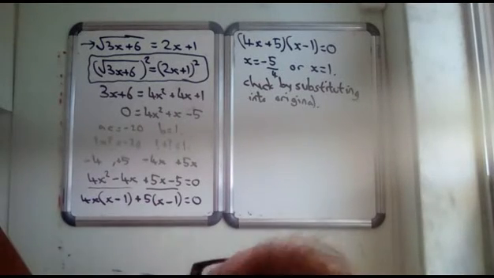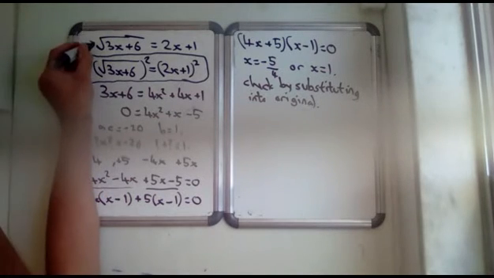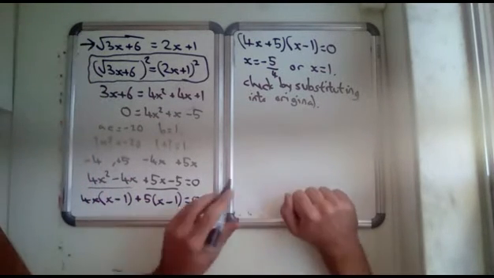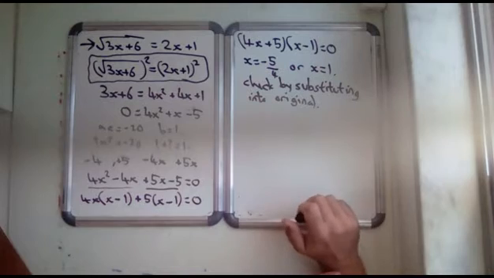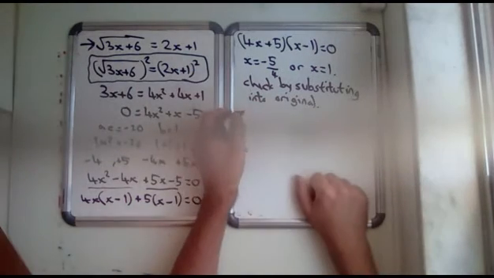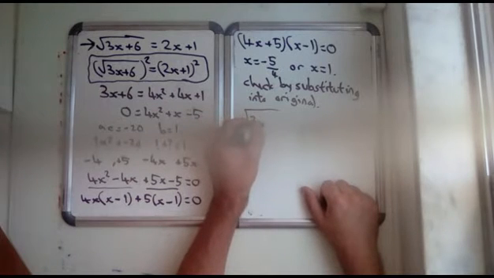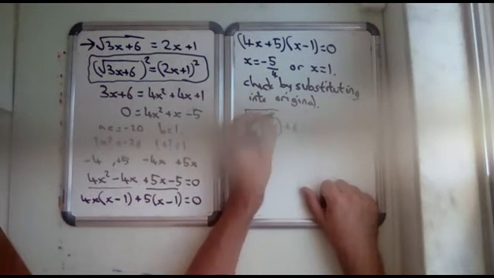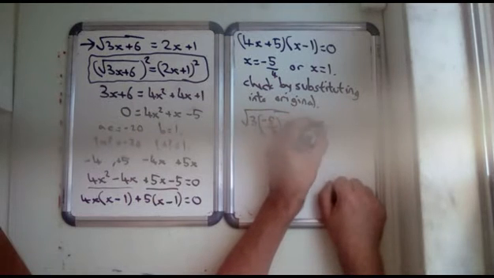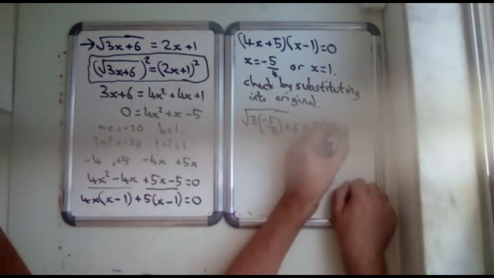Right, so we're going to check these values by substituting into the original equation, which is this. So when x equals minus 5 over 4, is this true? Does the square root of 3 times minus 5 over 4 plus 6 equal 2 times minus 5 over 4 plus 1?